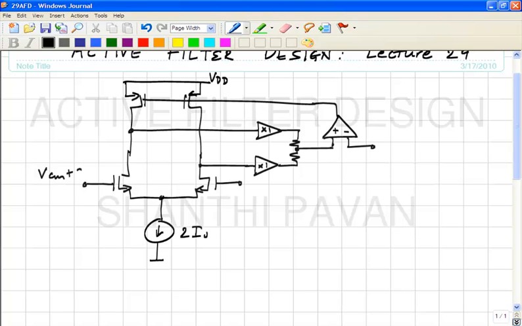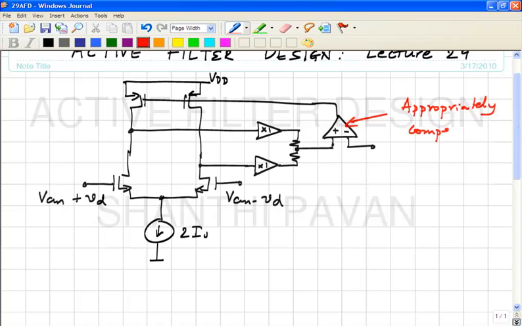So, we also understood that this error amplifier is an appropriately compensated error amplifier, right?